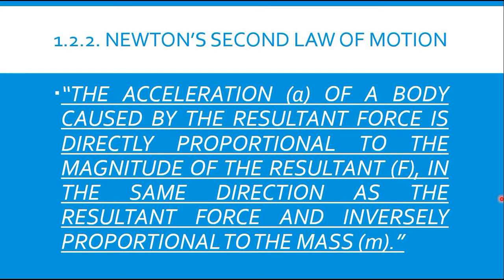Newton's second law of motion states that the acceleration of a body caused by the resultant force is directly proportional to the magnitude of the resultant, in the same direction as the resultant force, and inversely proportional to the mass.